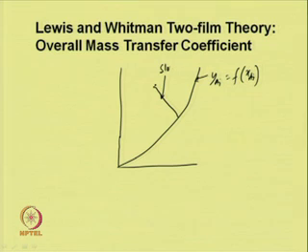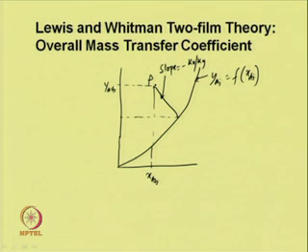As we know, the slope is minus k x by k y. Suppose this point is P, and this location is x A B and this is y A B, the bulk concentration, and this is the interfacial concentration where this line meets the equilibrium line. This is y A I and this is x A I.